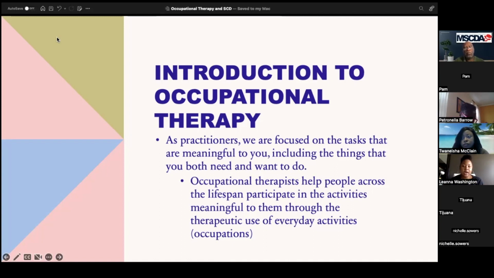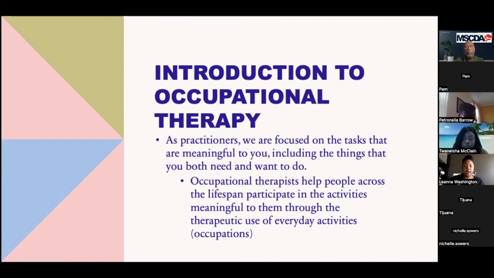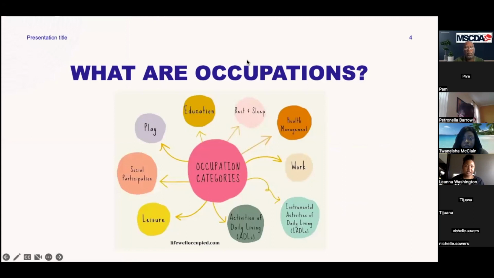So we help people across the lifespan from very, very little in the NICU to some of our older adults. We help those people participate in the activities meaningful to them through the therapeutic use of everyday activities, which we call occupations. Occupations are not just limited to jobs.